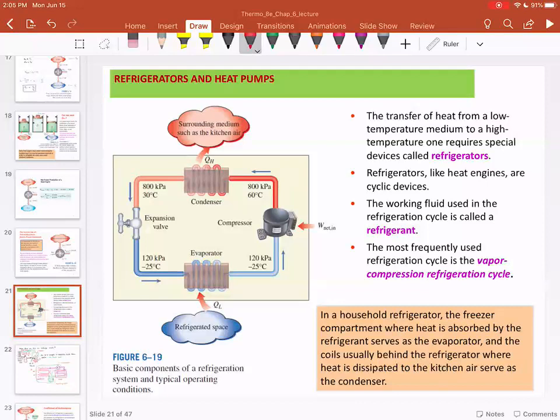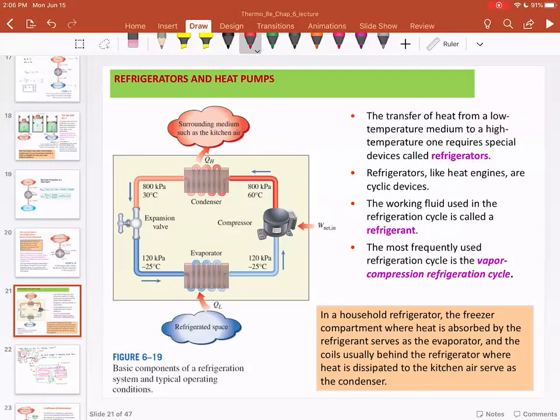Here, the working substance absorbs heat from the space or the system, and this working substance is evaporated, and this refrigerated space drops down in temperature.